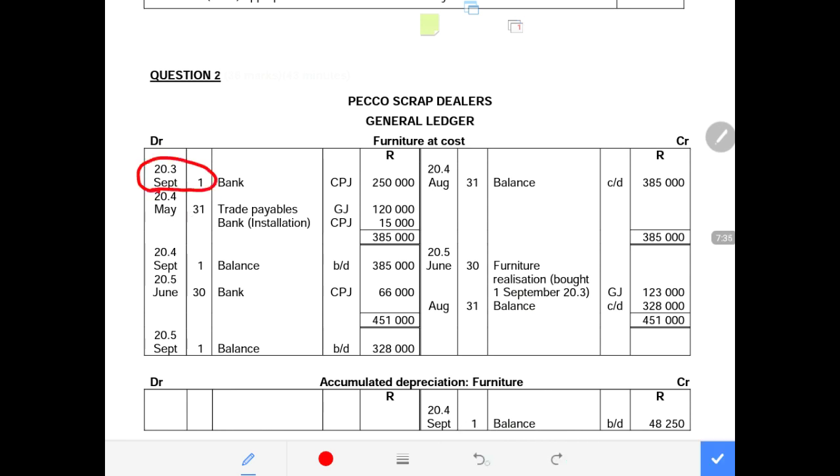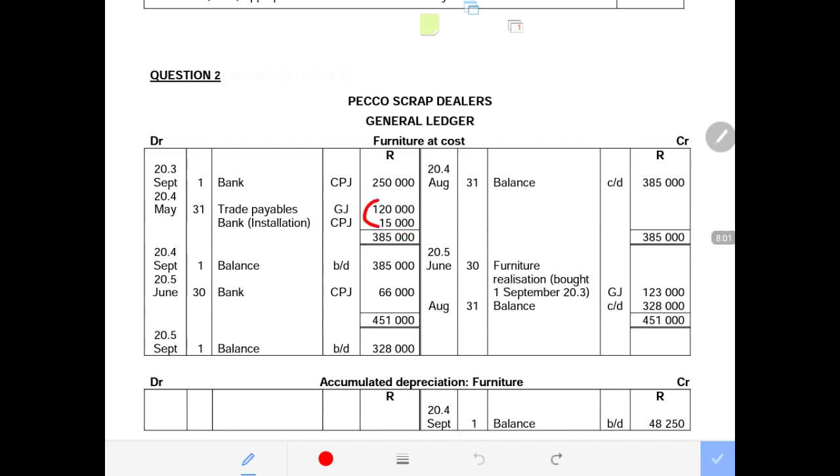So we have this opening balance, which is 250,000 rands from the previous year, and we have trade payables and bank, which is installation. That means we bought furniture costing 120,000 rands, and something needed to be installed on this furniture, and the installation cost amounted to 15,000 rands.